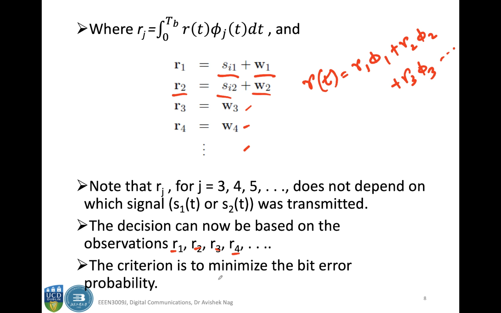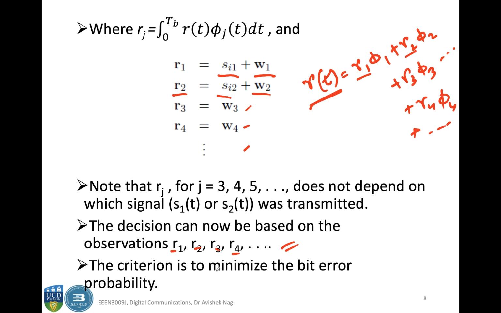Here also, once we can represent the time domain received signal r(t) in the form of its components r1, r2, r3, and so on, we can just observe these components of the received signal, and then decide what was transmitted, that is, what were the components of the transmitted signal, just in the same manner as we did for the discrete memoryless channel.